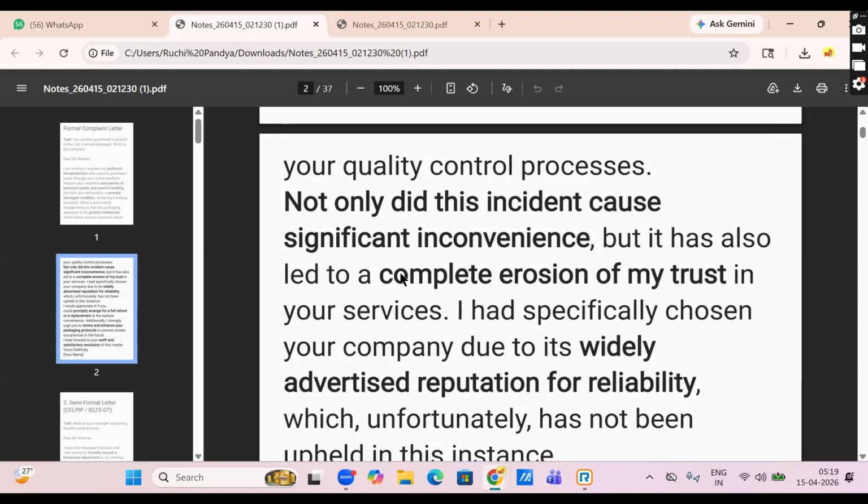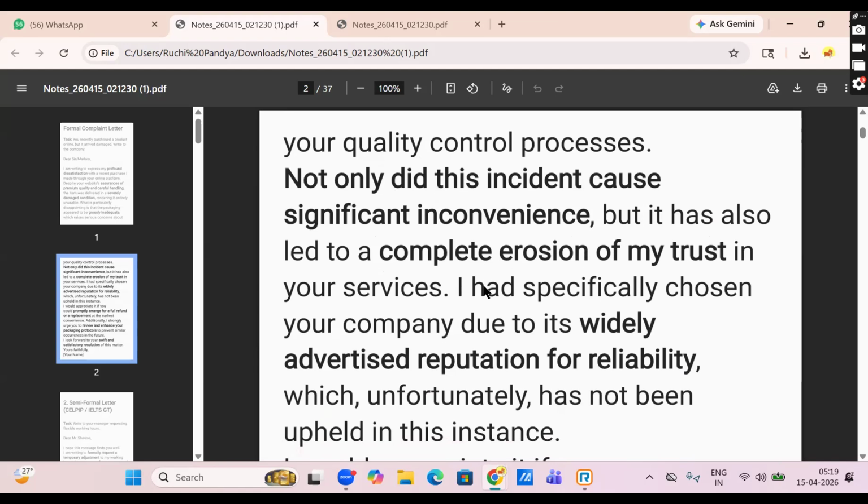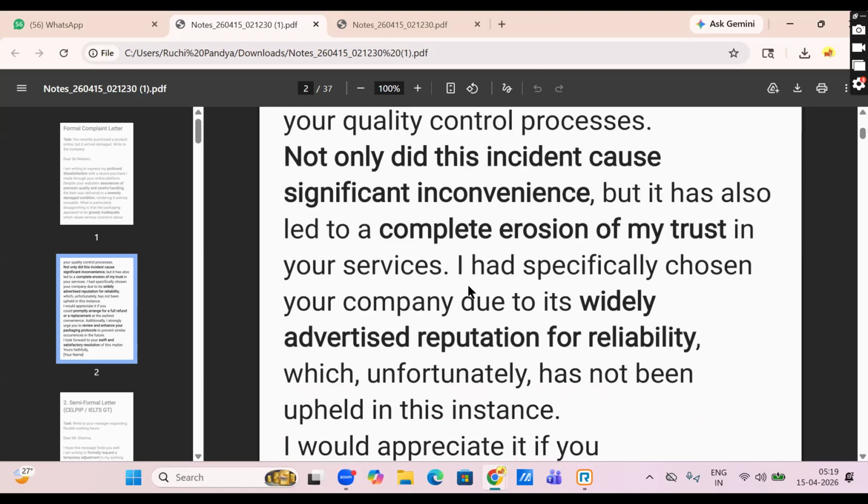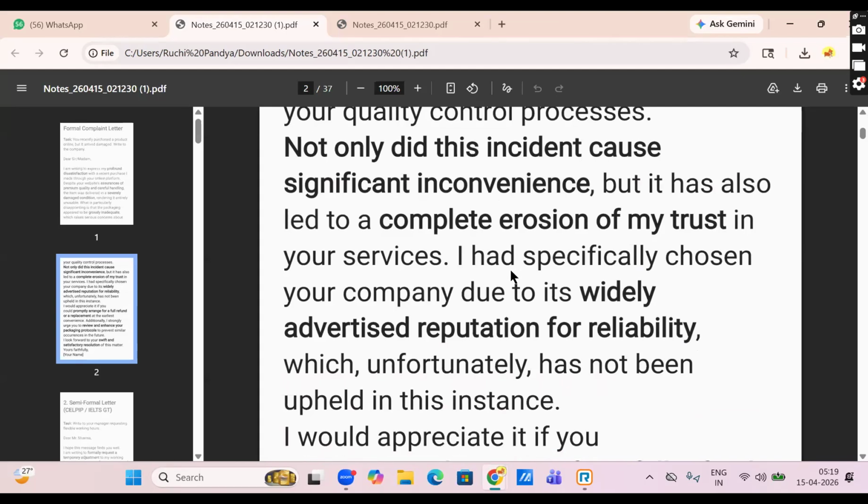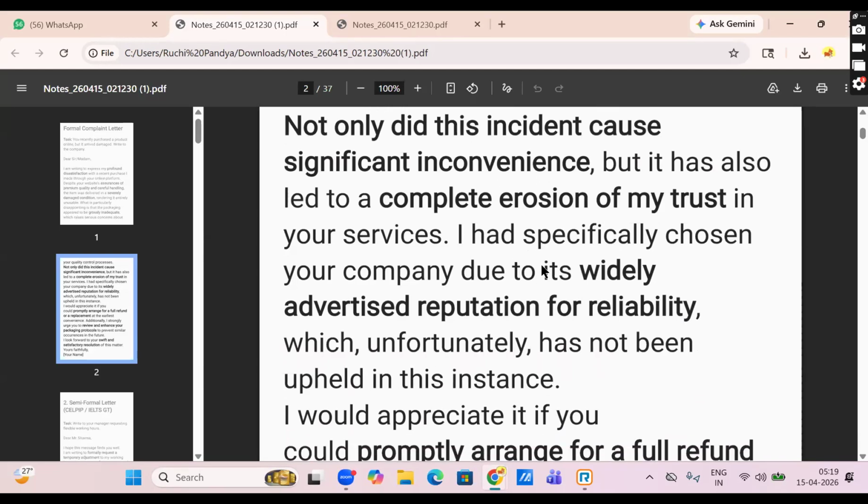It has led to a complete erosion of my trust in your services. Now, I had specifically chosen your company due to its widely advertised reputation for reliability. मैंने ये company in the first place choose किया ही क्यों था?